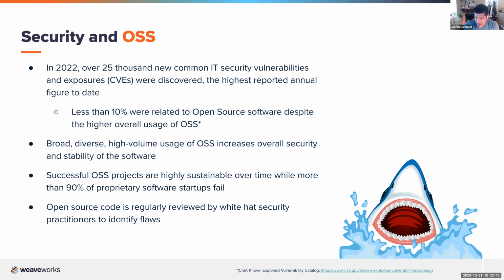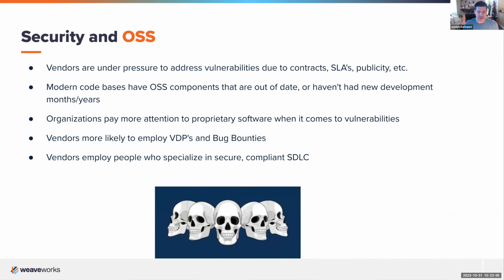So you've got white hat folks that are looking at open source code, finding vulnerabilities and flaws that could be exploited at a later date, and they're being pretty proactive in taking care of those. So there's definitely some things going in the benefit column when it comes to security for OSS, but that's not to say that proprietary software is a risky thing or a bad thing.